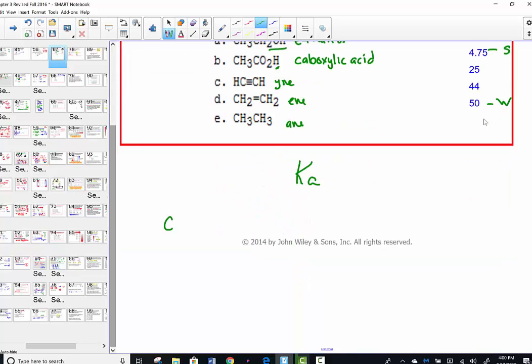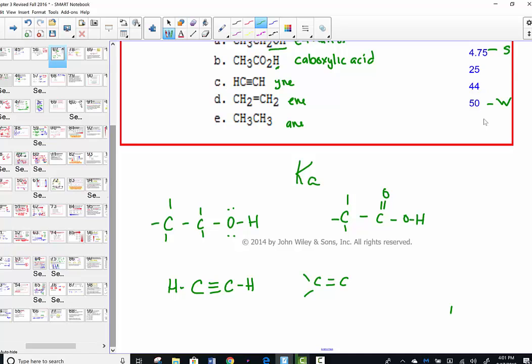Here's CH3CH2OH. That's structure 1. Structure 2, CH3COOH. Here's a triple bond, double bond, and a single bond.